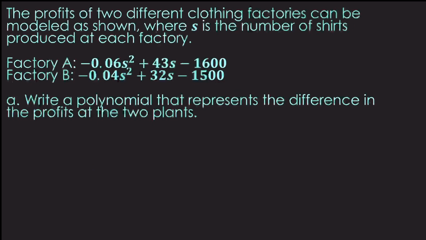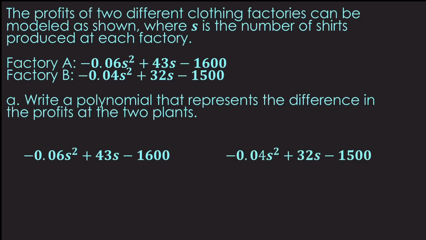Okay, so difference. Well, we know we're going to have to take factory A and factory B, just as it is, okay? But difference tells us we are going to subtract. So when you subtract, we need to put parentheses around factory B and write factory A again, just as it is, okay?